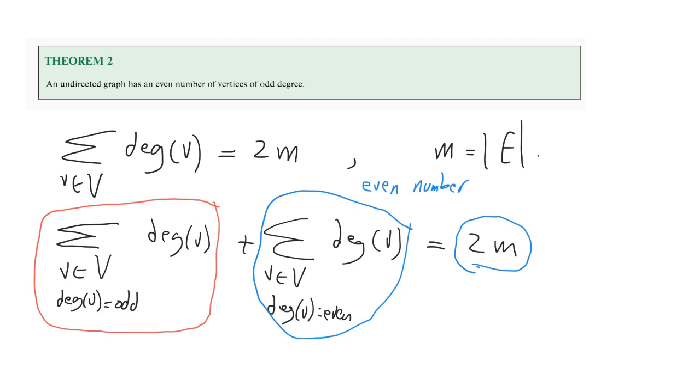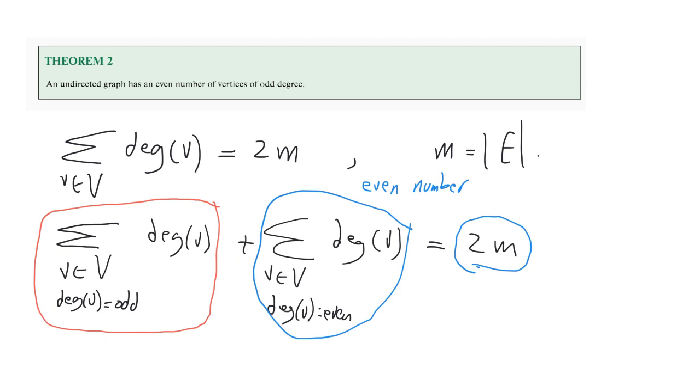If you add 2 odd numbers, you get even. If you add 3 odd numbers, you get an odd number. If you add 4 odd numbers, you get an even number. And you can easily write it down by the definition of odd numbers as 2k plus 1. You just see that if a summation of some odd numbers is even, their number has to be even.